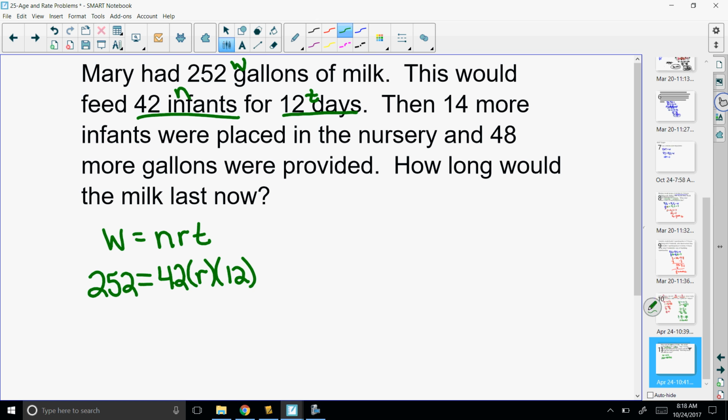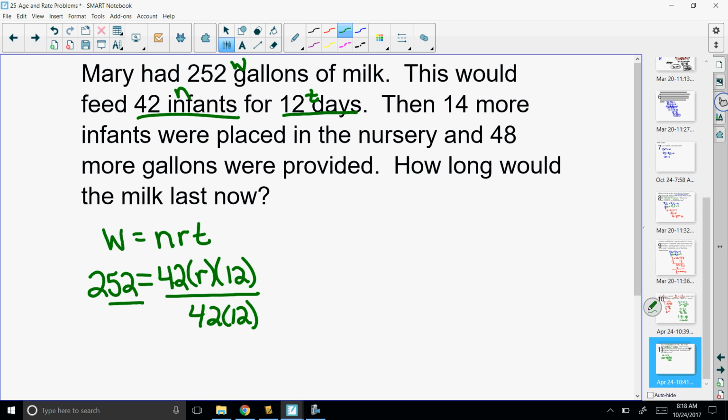Okay, so I need to figure out the rate. How are you going to figure out rate? I'm just going to divide by 42 times 12.